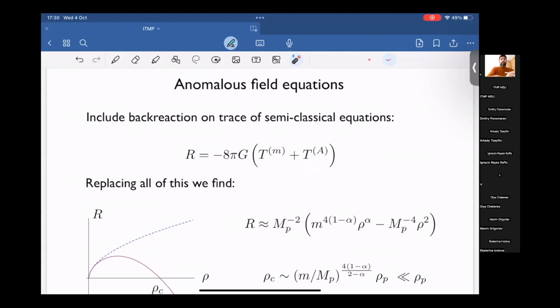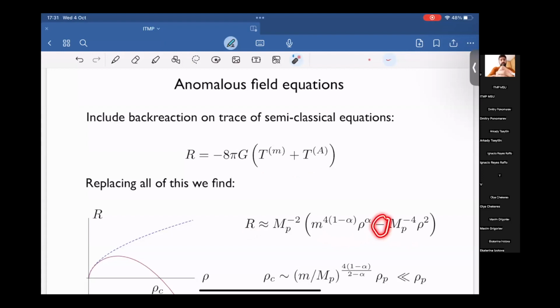This is a way to parameterize the problem. Now, the essential point here is that the combination of these two terms provides the Ricci scalar. And it's very important here that the anomalous contributions come with the opposite sign of the classical contributions. This does not depend on any of the details of the quantum field theory.